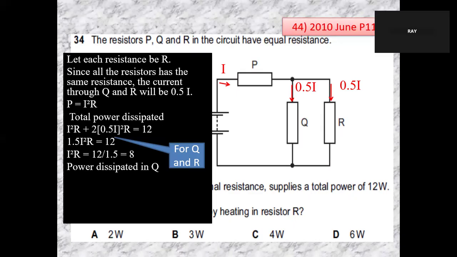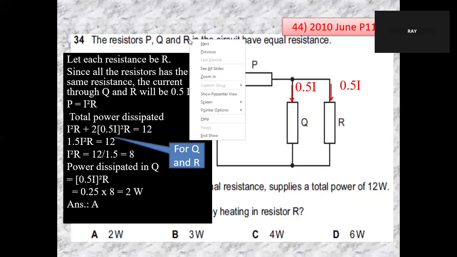Power dissipated in Q is I squared times R, so square of this one is 0.25 times 8. Okay, A. Where do you go wrong? Oh, you said A, then good. You got it right.